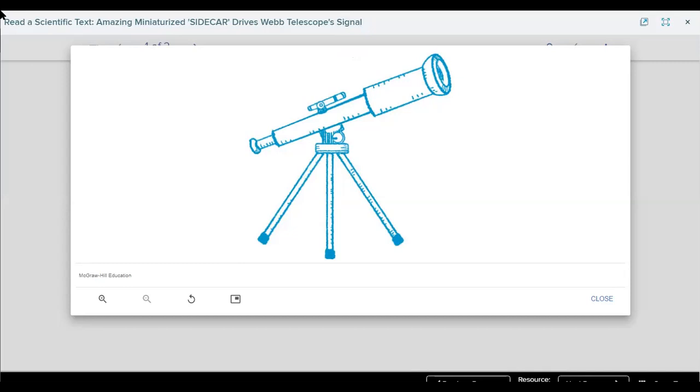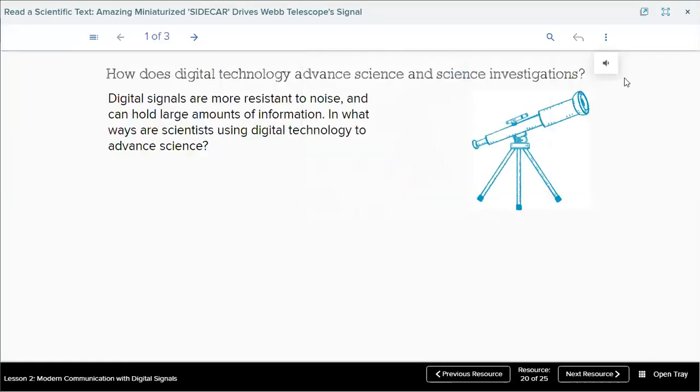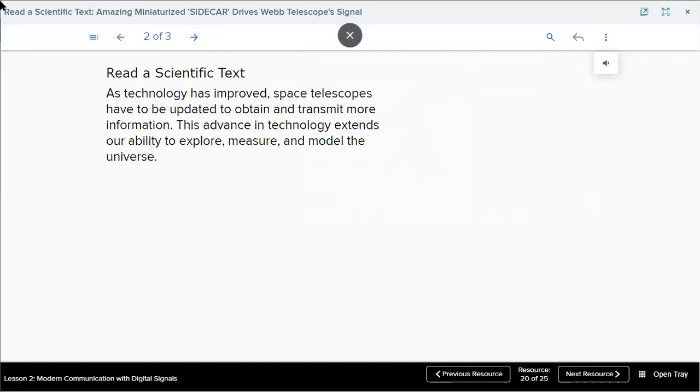Okay, guys, let's complete. So it's called a telescope, which can be used to get nearer to the celestial bodies. After that, read the scientific research text.